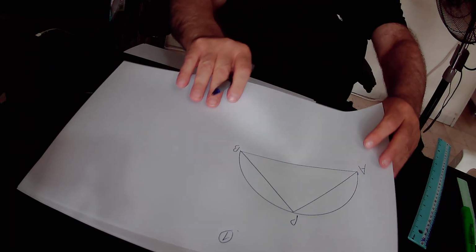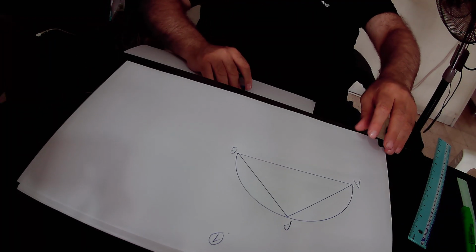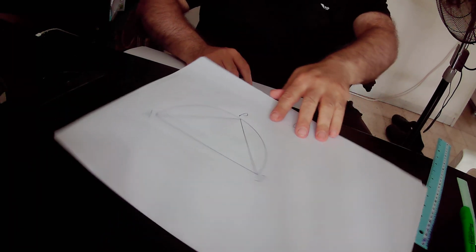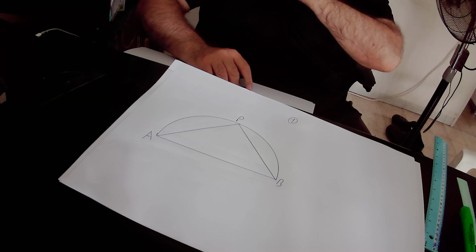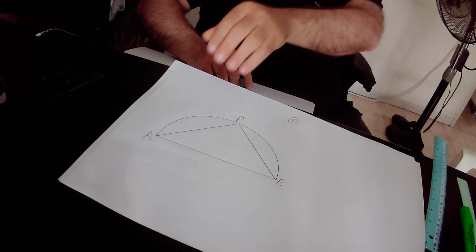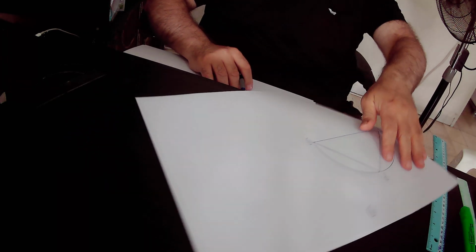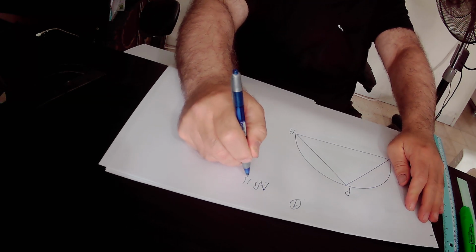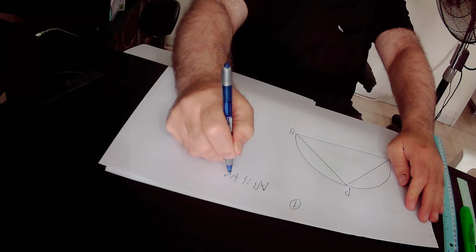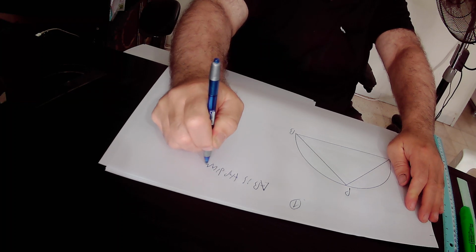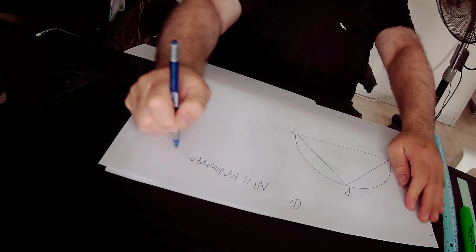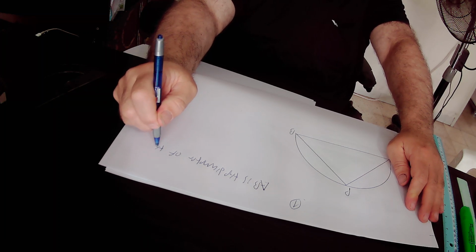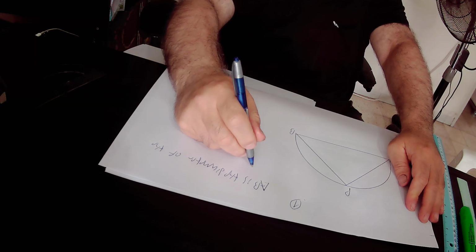So actually, this is the white semicircle from the original drawing. AB is the diameter of this white semicircle, so I'll write it down. AB is the diameter of the white semicircle.